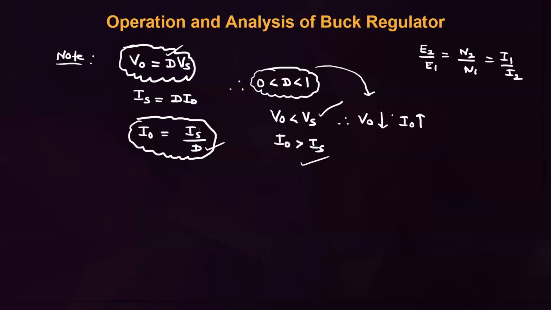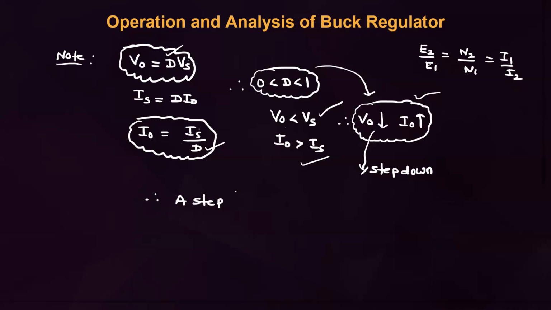This is happening here too. Voltage reducing, current increasing means step down. That's why a step down chopper is the DC equivalent of a step down transformer.